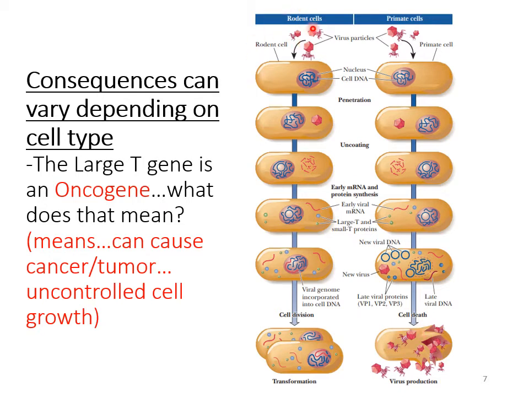But now you see the difference in rodent cells. A lot of times in rodent cells, instead of killing the cells and actively assembling viruses, notice that the large T protein gene that triggered the crazy explosion in the primate cells, at this stage in the rodent cell, instead of getting actively expressed and making new viruses, gets integrated into the host cell DNA.